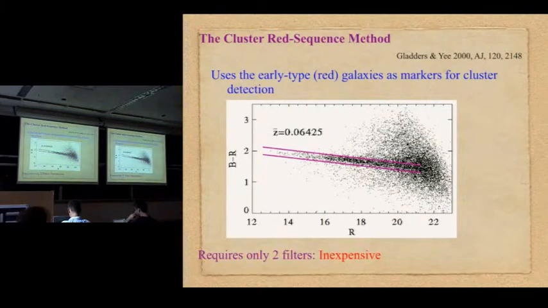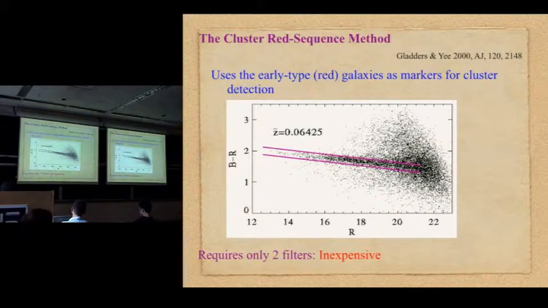So when you have something like this, if you only look at galaxies in a slice of color where you know the early-type galaxies are, you basically get rid of all the background galaxies. Some of the clusters are in the foreground, but primarily you get rid of all the foreground galaxies and most of the background galaxies.